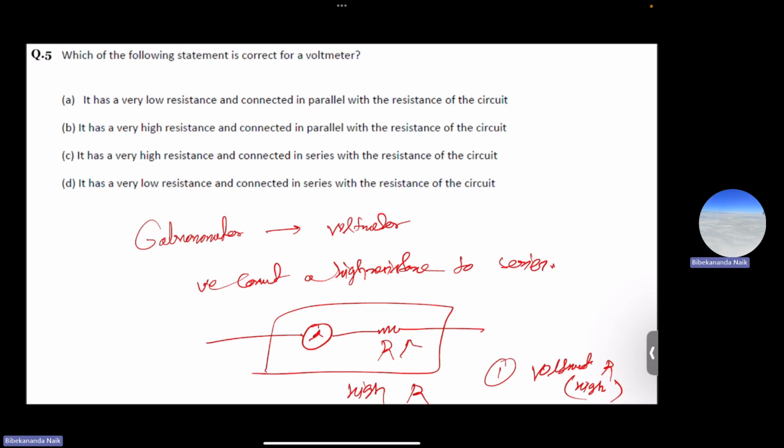What is the main aim of the voltmeter? The main aim of the voltmeter is to measure the voltage across a terminal, or the voltage drop across a particular element. And we know that the current remains constant in a series connection and the voltage remains constant in a parallel connection.